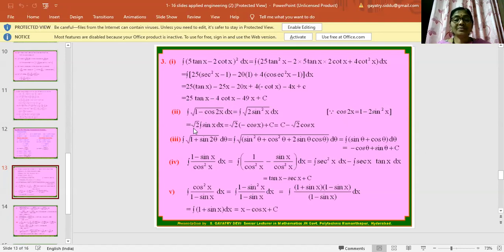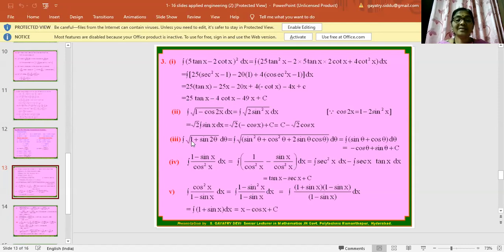Out of root, 2 is root 2 only, but sin square out of root is giving you sin x, which is a direct simple formula: integral sin x is equal to minus cos x. So we can simplify this using the multiple form. The answer is c minus root 2 cos x.